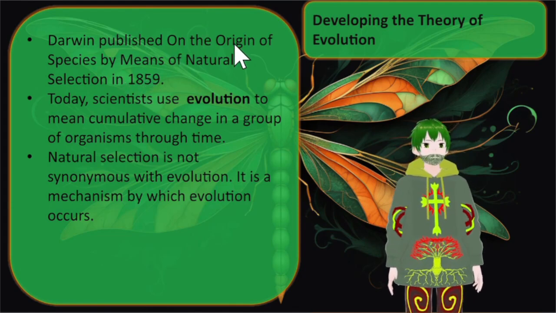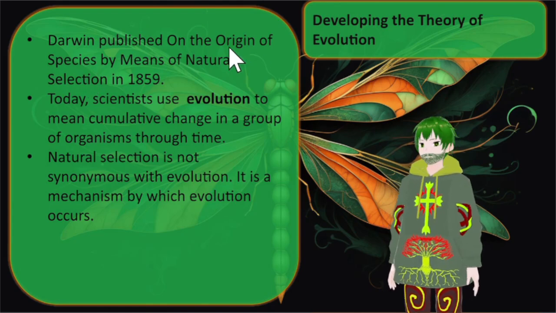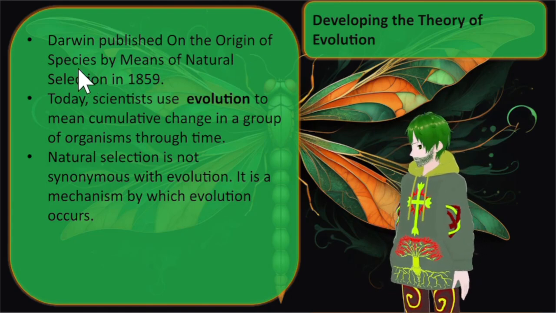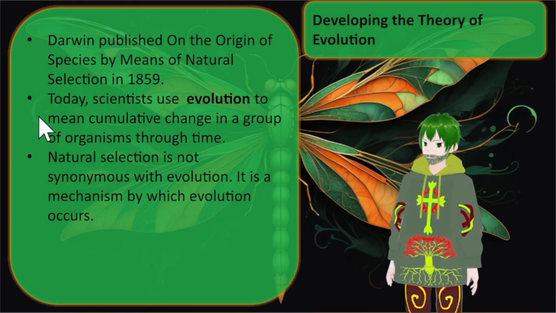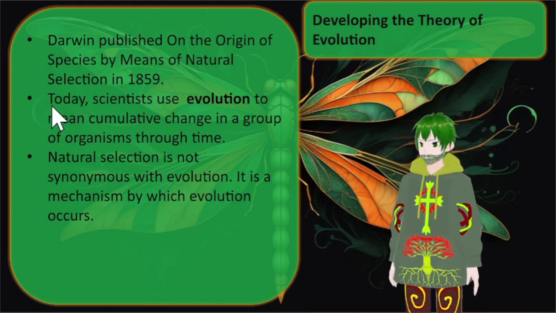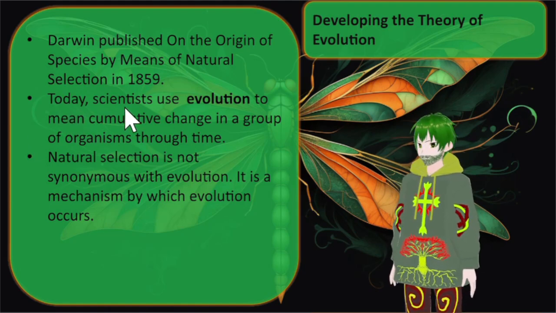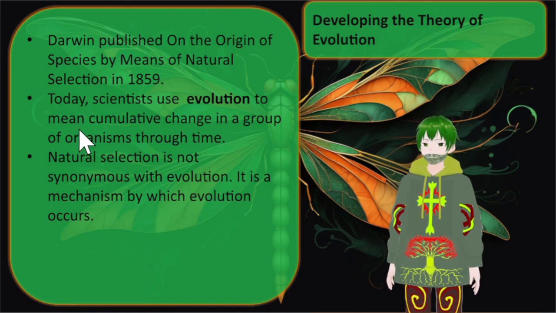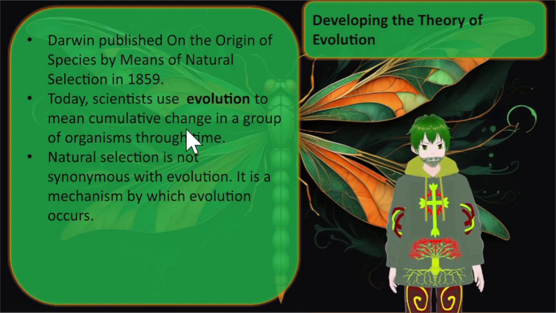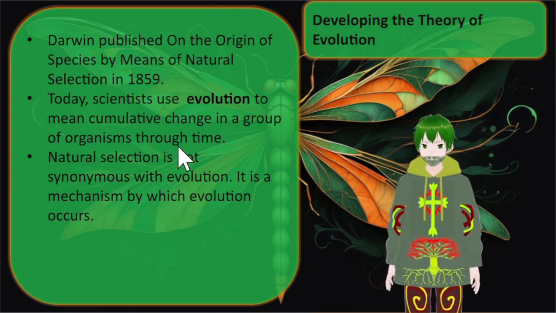Darwin published On the Origin of Species by Means of Natural Selection in 1859. So a decade or so after his theory had started to get going. And today, scientists use evolution, or the theory of evolution, to mean cumulative change in a group of organisms through time.